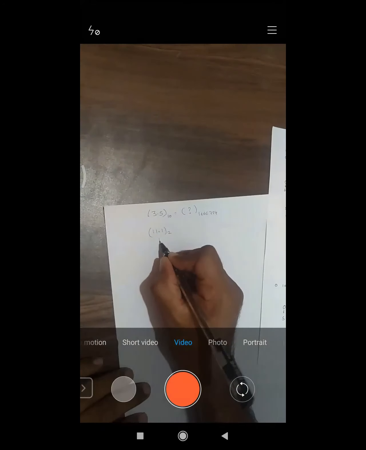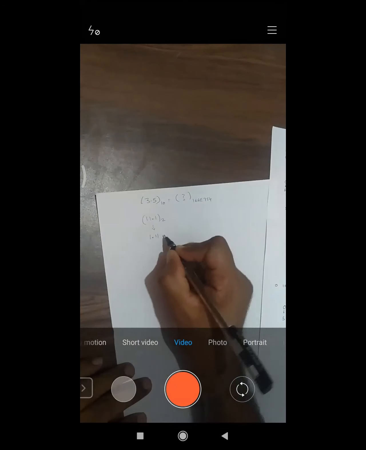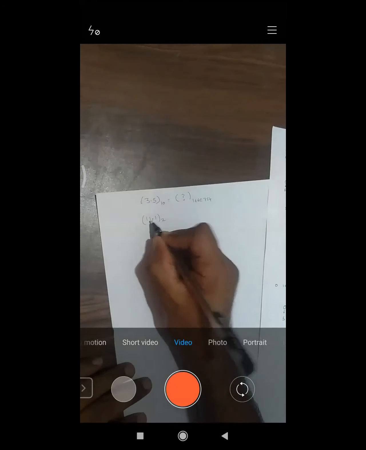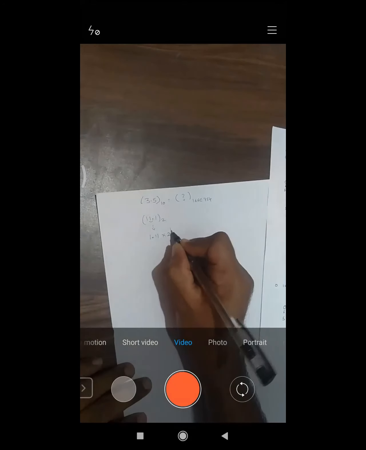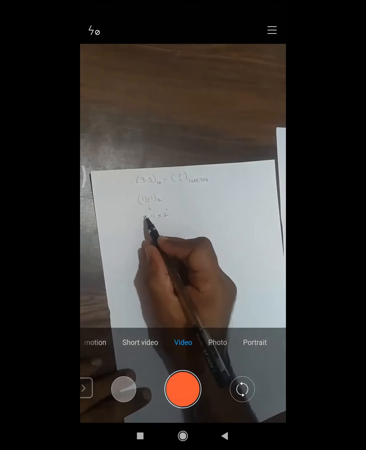Okay, so this is wrong. So I need to actually make this into 1.11. And how many decimal points have we shifted? 2 raised to 1. Okay.